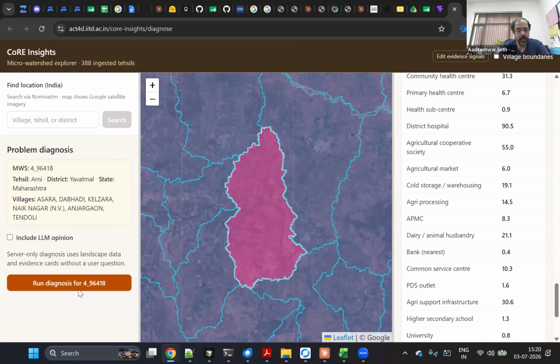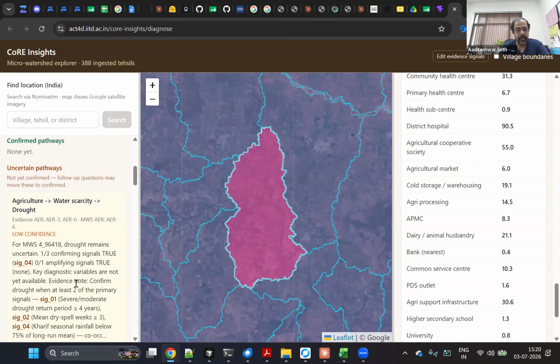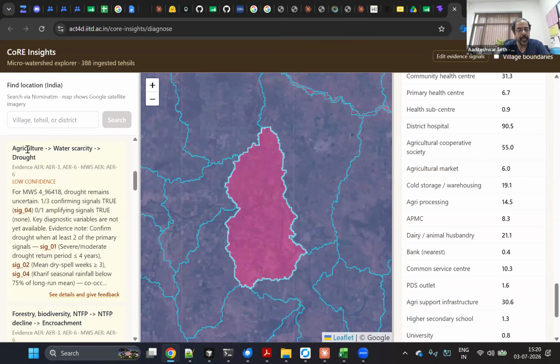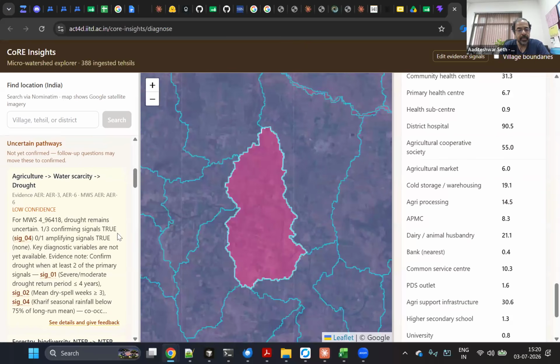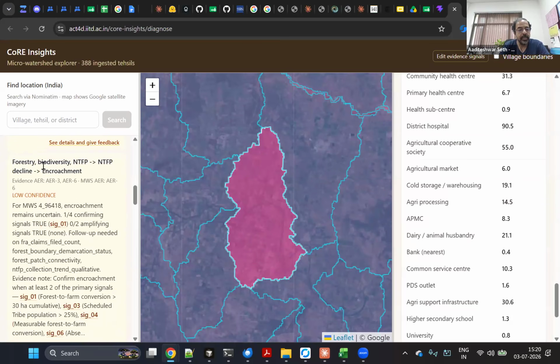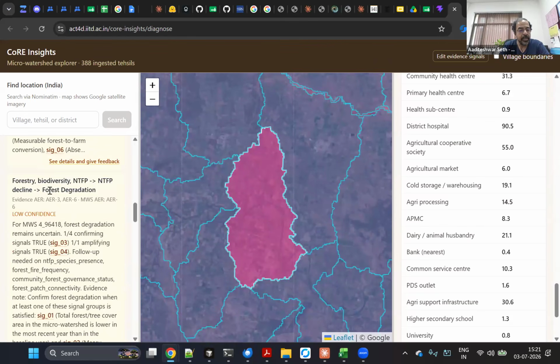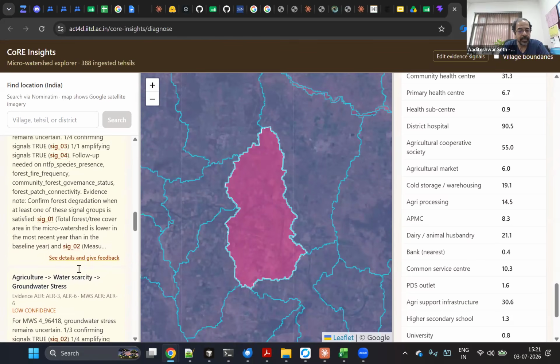Now, what the tool basically does, maybe we can shift somewhere else, right? No pathway was confirmed, but this tries to tell us that for agriculture, I am uncertain whether this area gets a lot of droughts. I am also uncertain whether forests in this area are getting encroached, or whether forests are degrading.